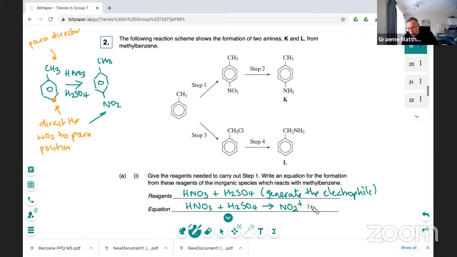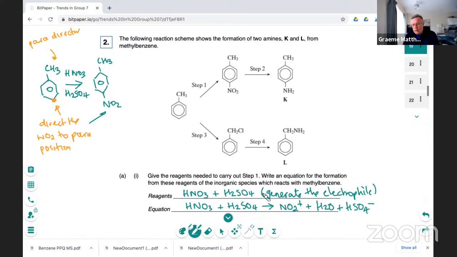If I look at HNO3, what I've done is I've taken off a hydrogen and an oxygen, and I made it positive. Hydrogen, oxygen, I'm thinking water. And where's the other proton coming from? It's coming from the sulfuric acid, HSO4 minus. Now, yes, I do realize that that is not the mechanism by which this goes.